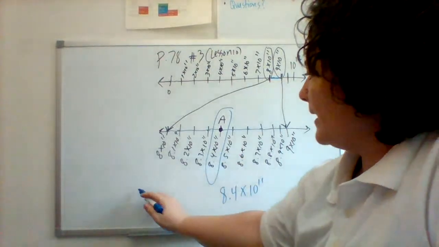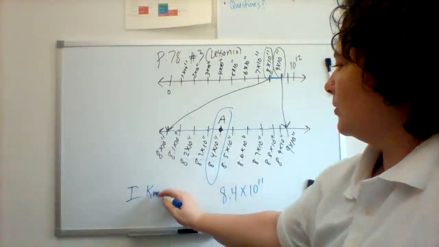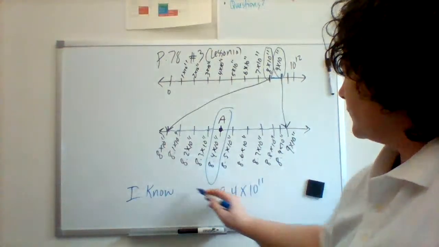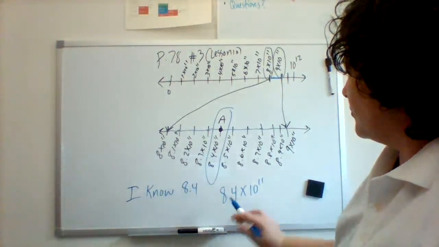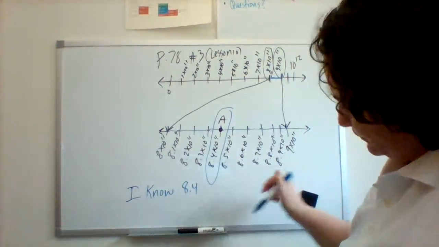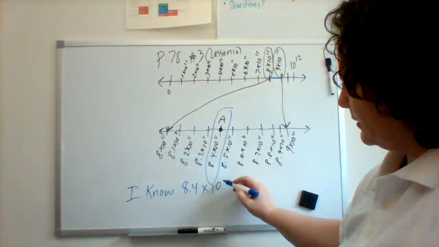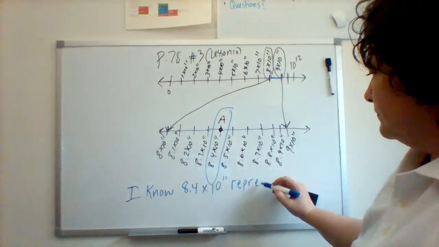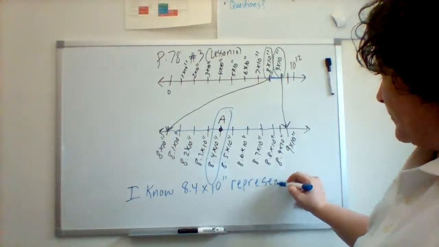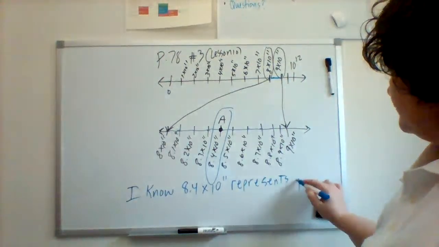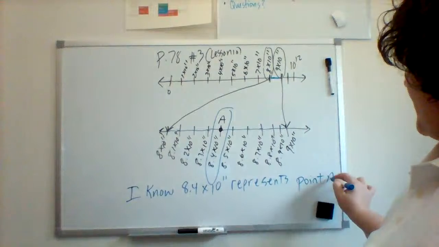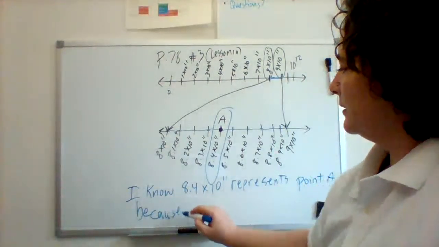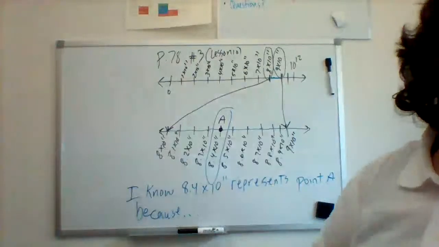For example, like, I know, and I'll put it right here, 8.4 times 10 to the 11th power represents point A because, and then I need you to fill that in.